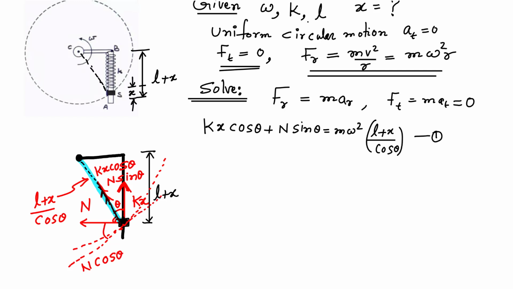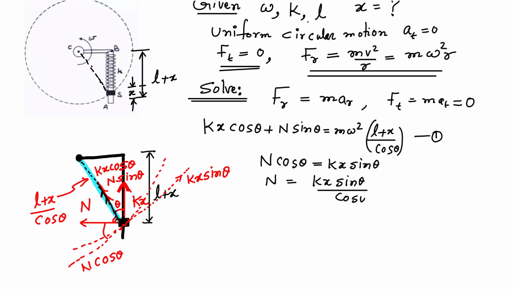And in this direction you will have the kx component, so this will be kx sin theta. So you can write N cos theta equals kx sin theta. So from here you can write N equals kx sin theta divided by cos theta.